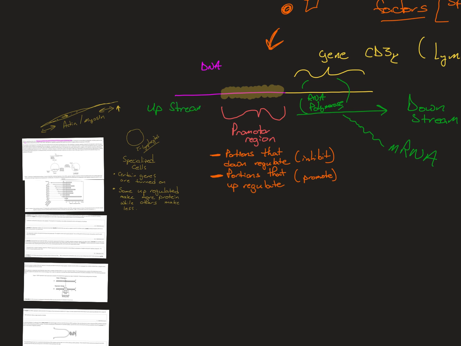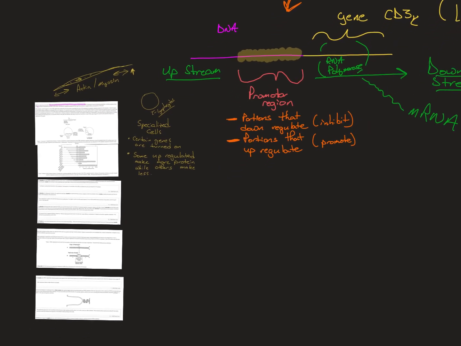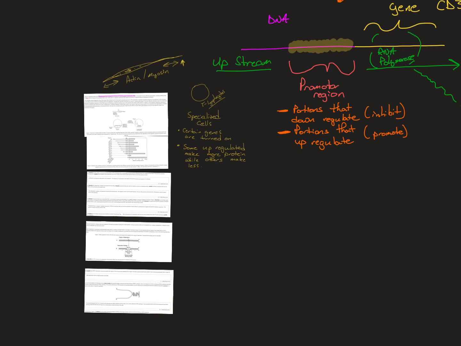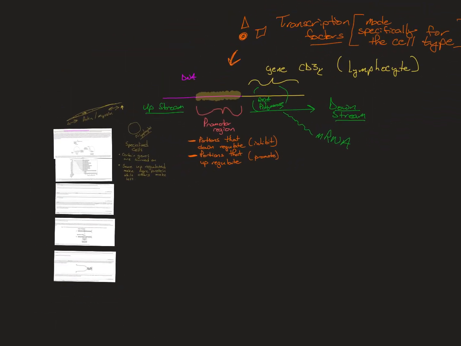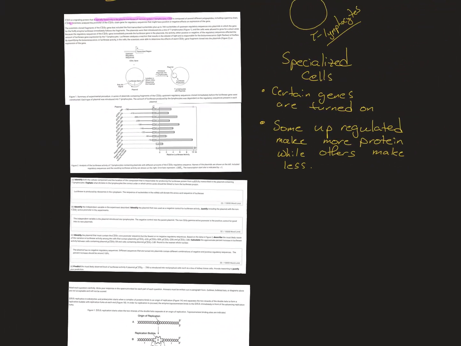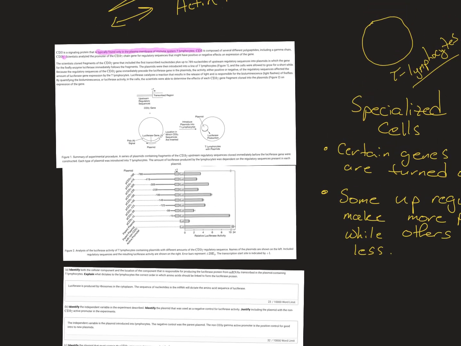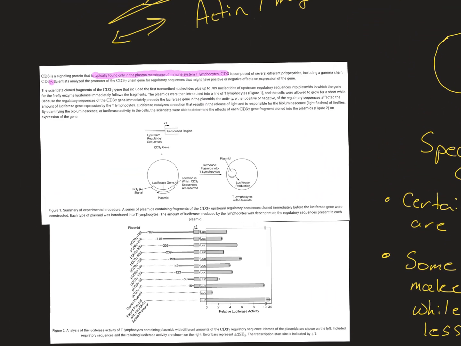Just like a stream flowing water, downstream means in the direction of the water moving. Upstream is in the opposite direction. So that's all the stuff I know from reading and from class. All right, moving on.